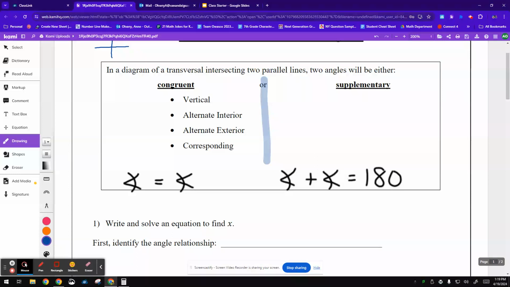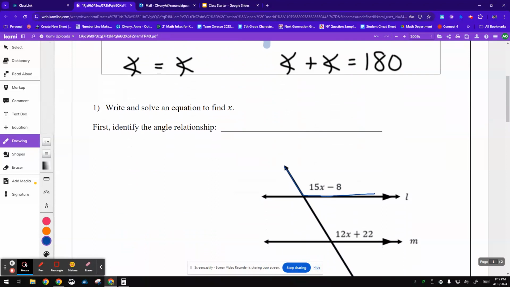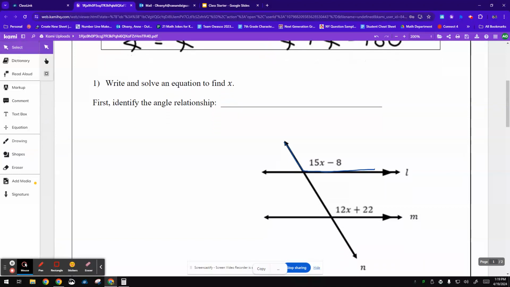Do you know what vertical angles look like? Is that them? All right. Alternate interior is inside the parallel lines. Are they both inside? Are they both outside? Are they on a different line in the same relative place? Did you see that? This angle here and this angle here are exactly the same size and shape.